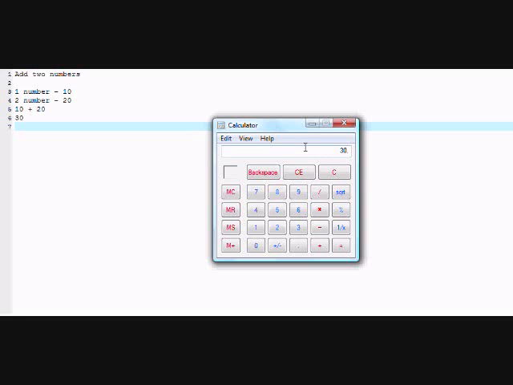For example, using the calculator you can do mathematical calculations. You can take another application like Paintbrush, where you can create drawings. So you have some specific functions or capabilities that are built into that particular application.